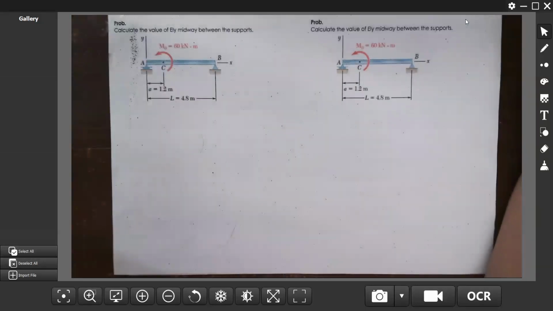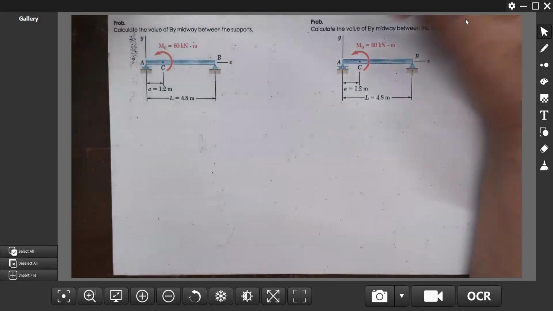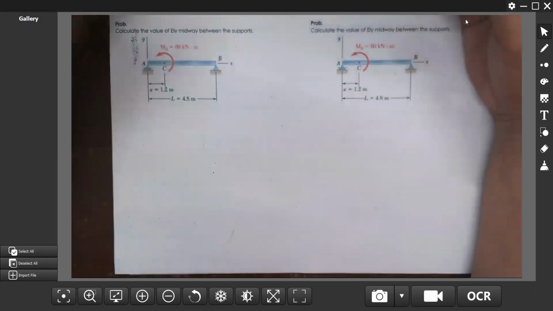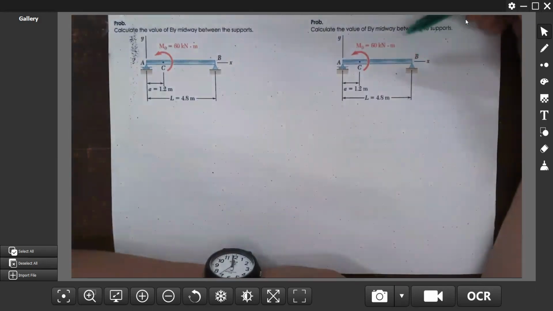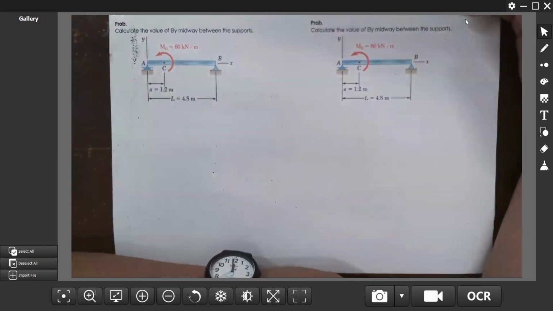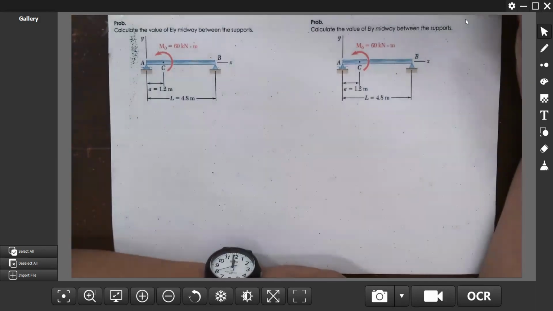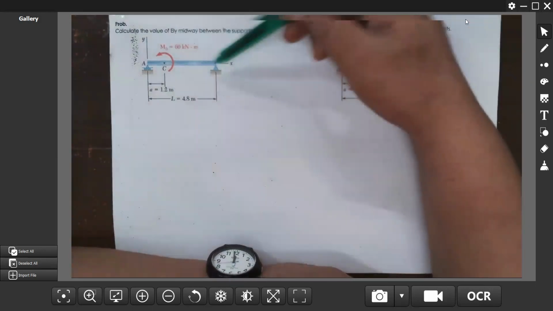Okay. In this video, I'm going to solve a problem using two methods. The double integration method, ordinary lang, and the other one is using the Macaulay bracket function. And this time, ang moment somewhere sa middle.